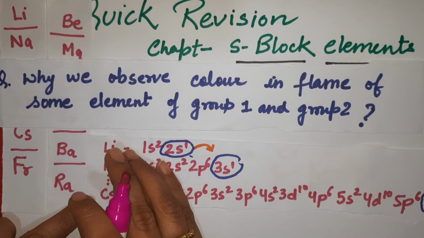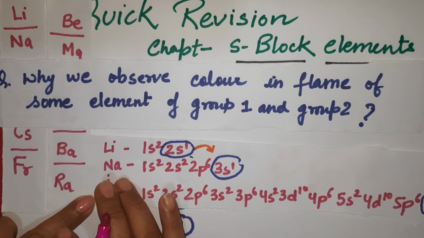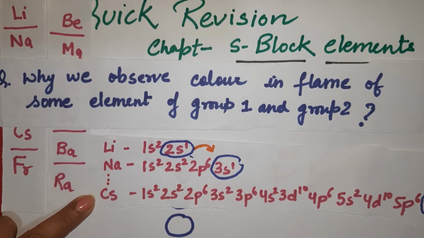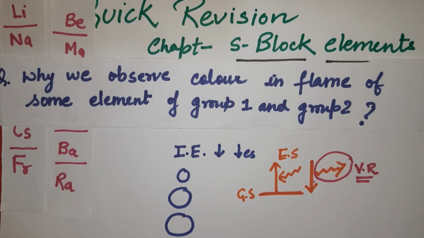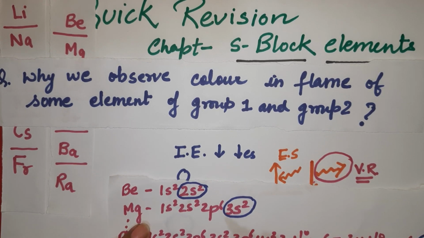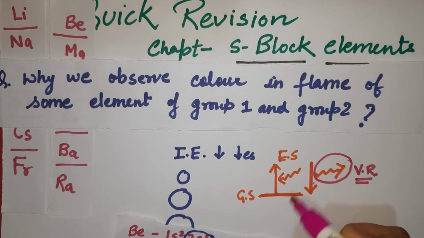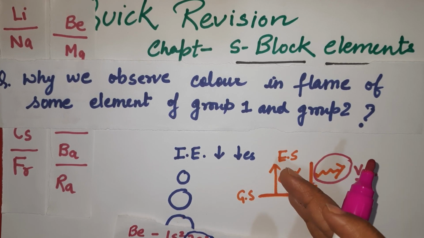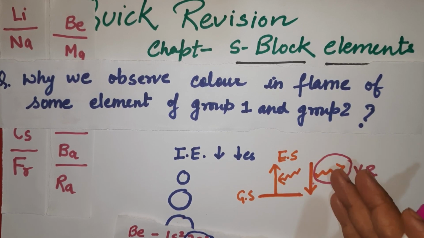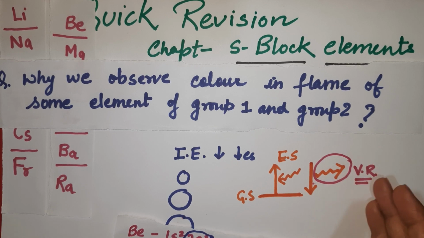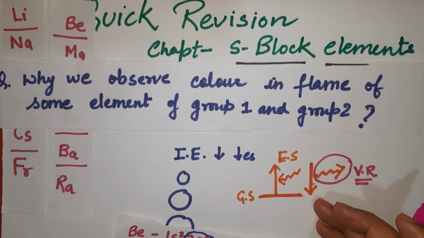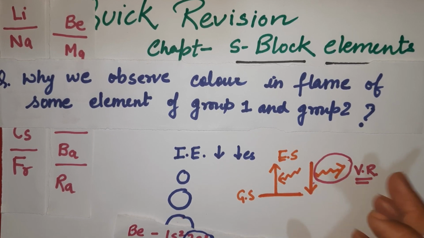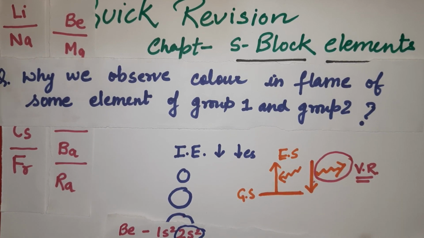That's why we see lithium as crimson red, sodium as yellow, cesium as blue. The same happens with group 2 elements also: the electron absorbs some amount of energy, gets excited, and then after releasing visible region wavelength energy, it comes down to the ground state, and then we see different types of colors.